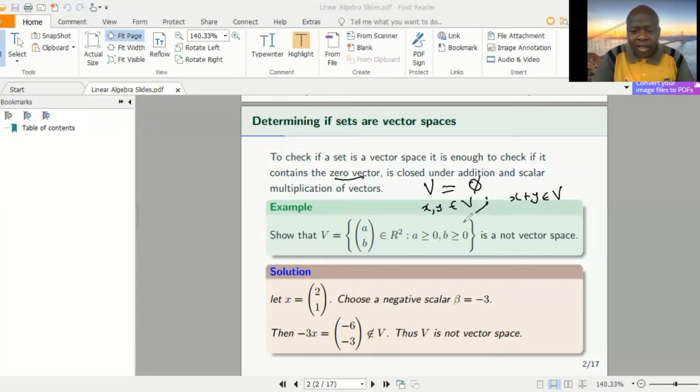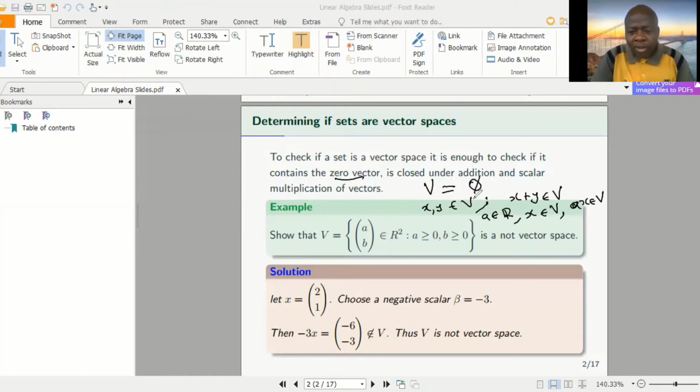Then finally, I'll check closure under multiplication by scalars. If I pick a scalar A from the real numbers and a vector X from V, then the product of A and X must be in V. So I've been looking for these three conditions, and they must all be satisfied for a set to be a vector space.